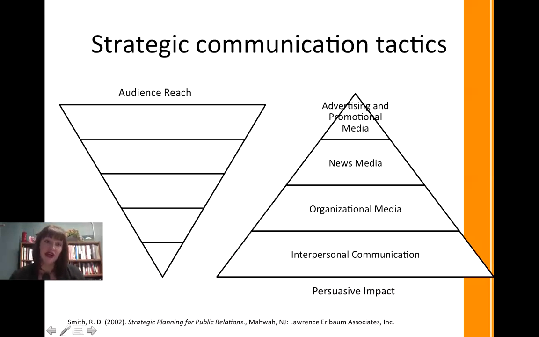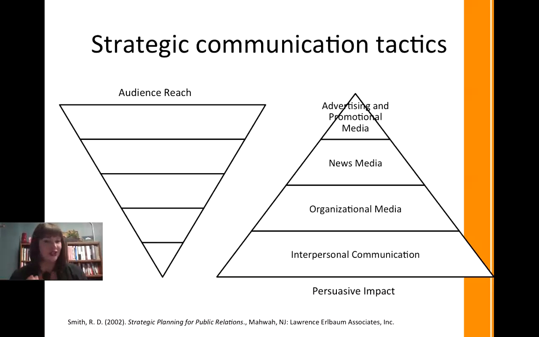However, over here, you reach the largest amount of audience. News media, we have a little more persuasive impact, and we still are reaching a large audience. Organizational media, we're expanding on our persuasive impact and moving towards our audience reach a little bit smaller over here. And interpersonal communication is really where we can be the most effective.